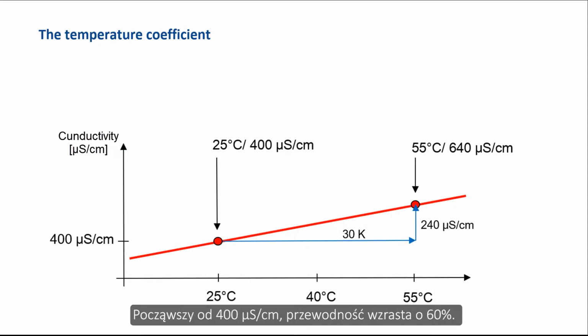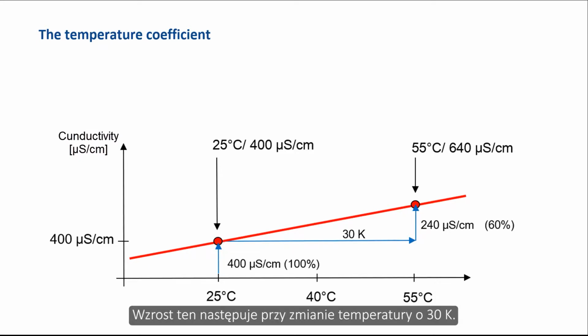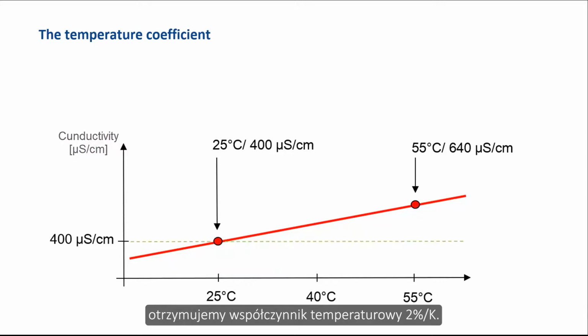Starting from 400 microsiemens per centimeter, the conductivity increases by 60%. The increase occurs with a temperature change of 30 Kelvin. Looking at the change per Kelvin temperature increase, the temperature coefficient of 2% per Kelvin is obtained.